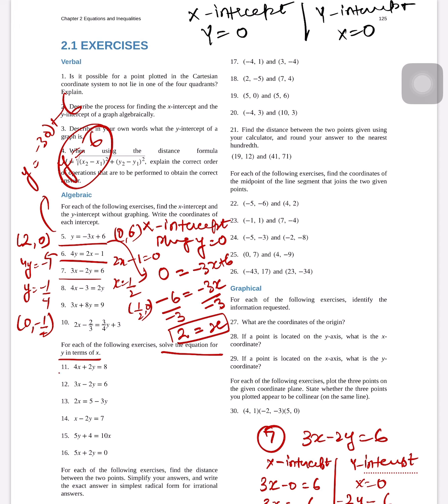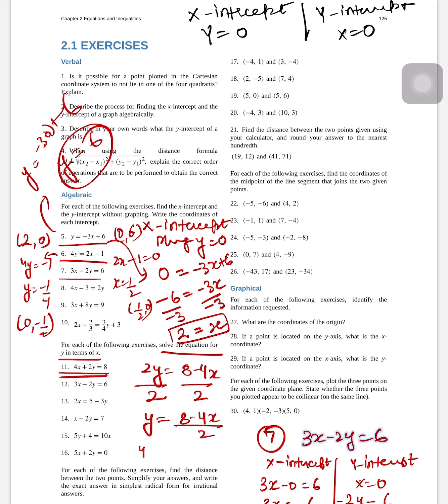So 4x plus 2y is equal to 8. To make y alone, subtract 4x from each side, correct? That gives you 2y is equal to 8 minus 4x. And then we can divide by 2 on each side, which gives you y is equal to (8 minus 4x) by 2.